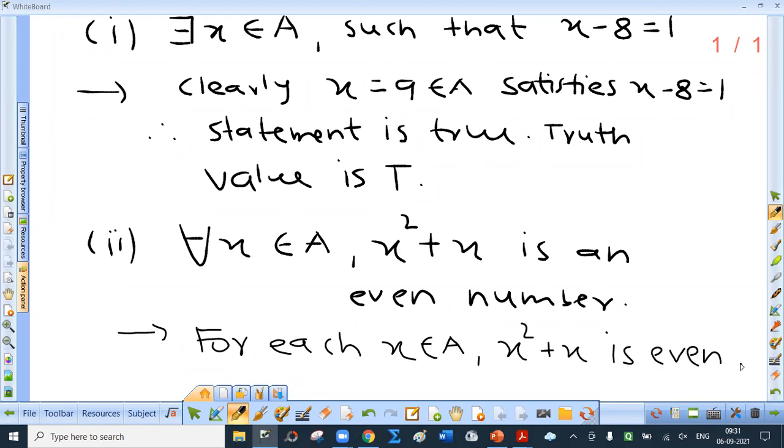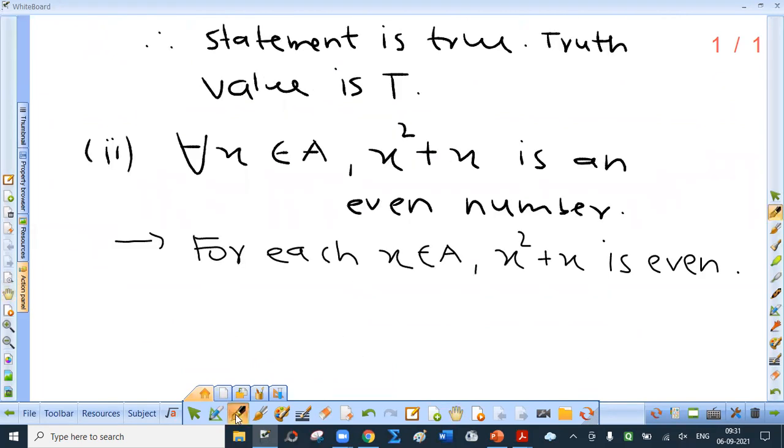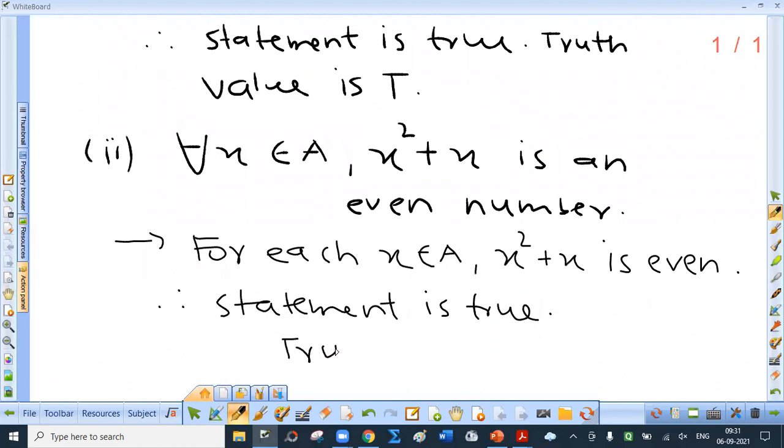You can verify individual elements. Therefore, the statement is true. Its truth value is T.